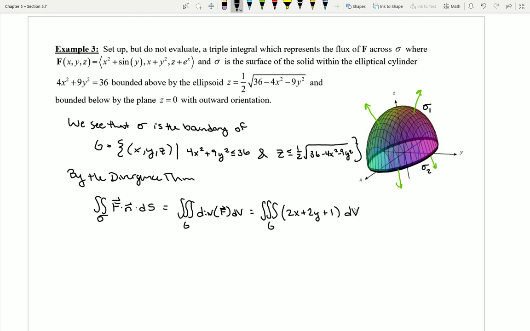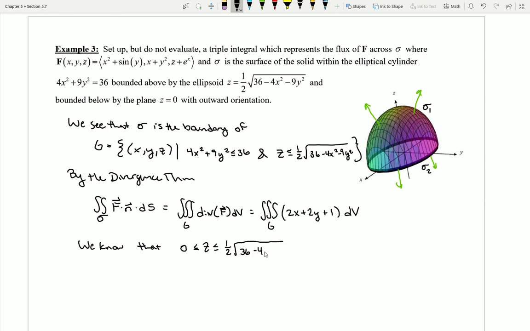Okay, so if I can understand this particular solid and how to set it up, then I might be able to figure out the bounds of my triple integral. Okay, so let's see what we got. First things first, I need to set up bounds, and maybe I can start with a floor and a ceiling. It seems like we already know that the value of z is already wedged between 0 and this upper ellipsoid.